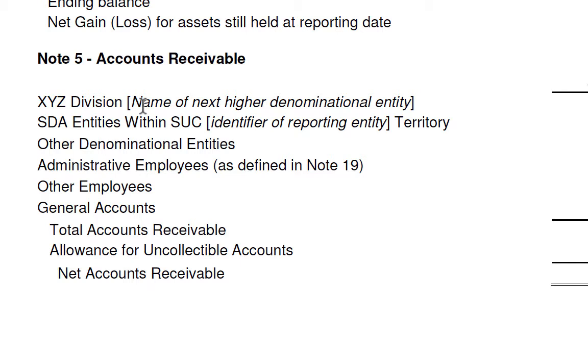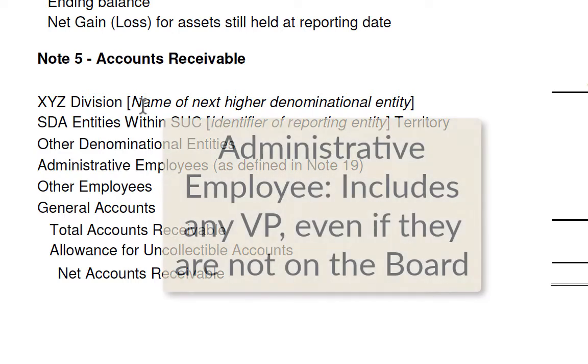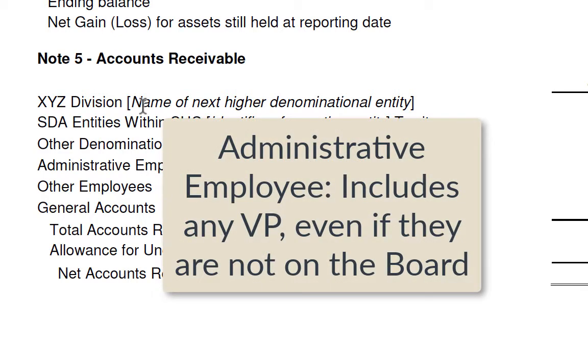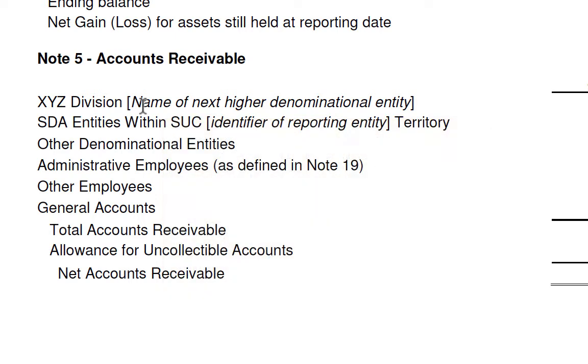And for you that like to get the details right, like to have all the details, vice presidents, even if they're not on the executive committee, are related parties. Okay? So there are also administrative employees. To be precise, any employee that's on the executive committee and all of the vice presidents are administrative employees.